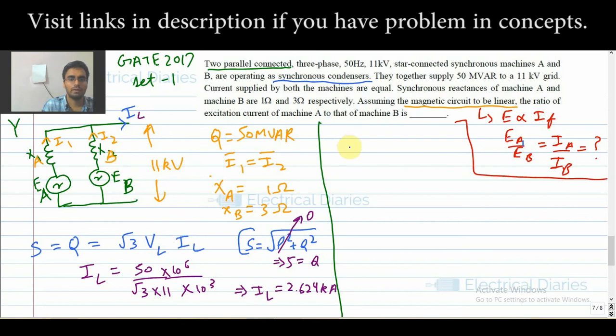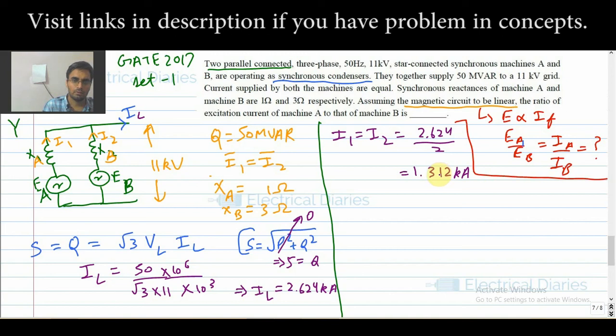Now I know that I1 is equal to I2. We are dealing with magnitudes only, so I1 and I2 will be the same and equal to half of IL. So 2.624 divided by 2 will come out to be 1.312 kiloamps. Now you have got these things.